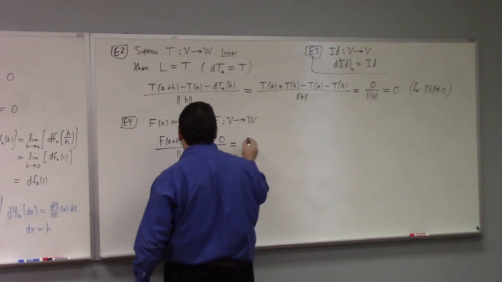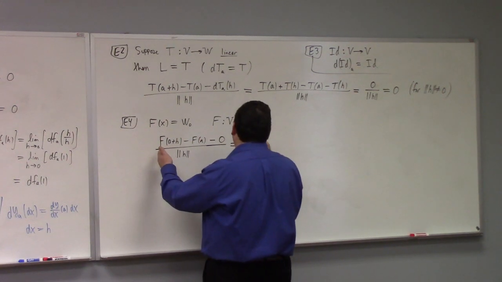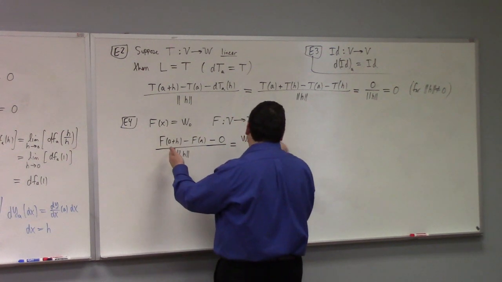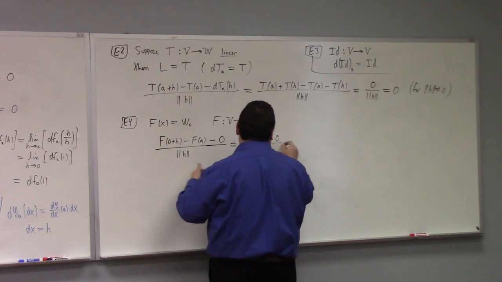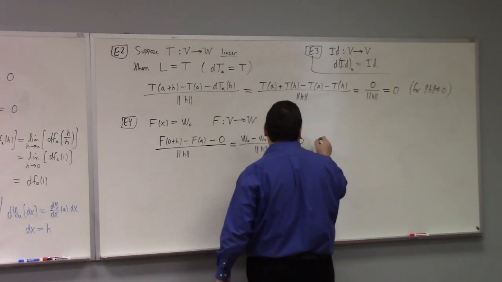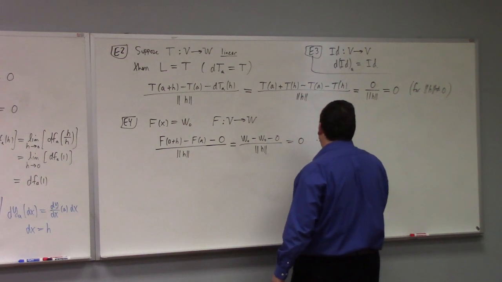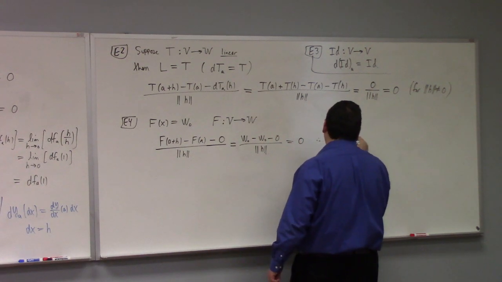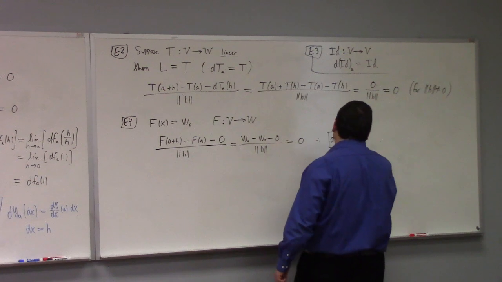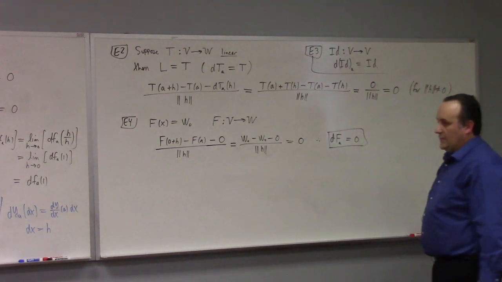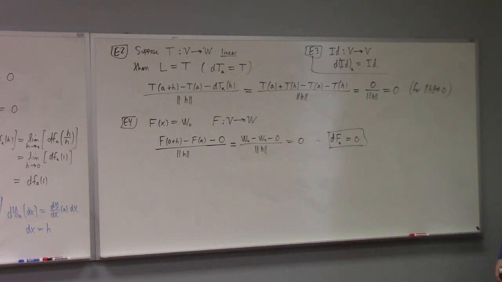I claim that you're right. Because you get w_0 minus w_0 minus 0 over norm h, which is equal to 0. So therefore, yeah, the differential of f at a is equal to the 0 map, because the limit as h goes to 0 of 0 is 0. Yeah.